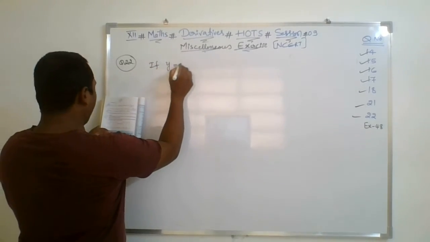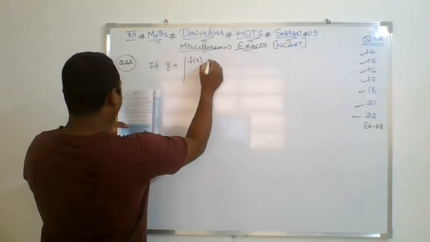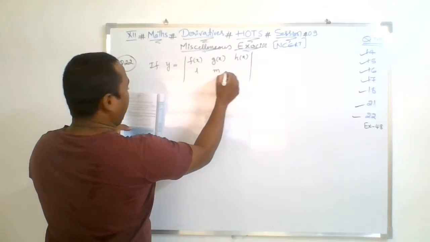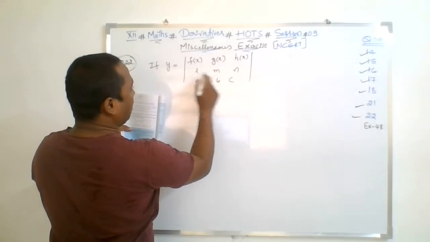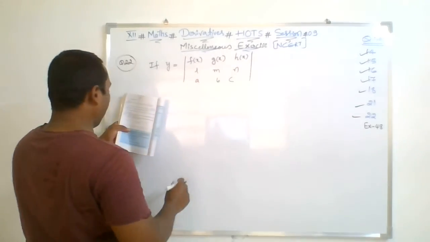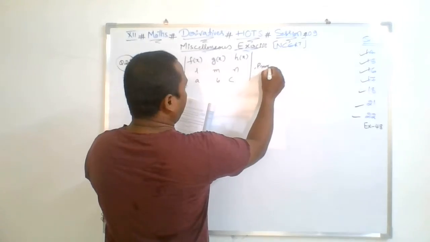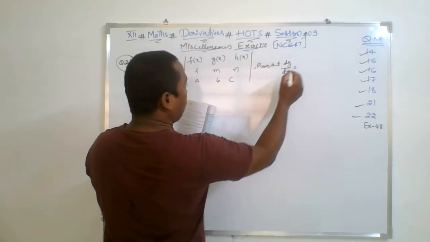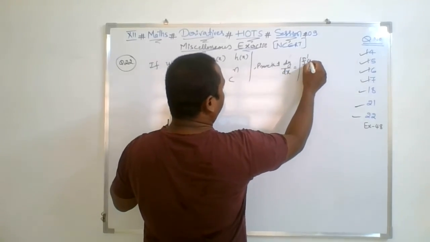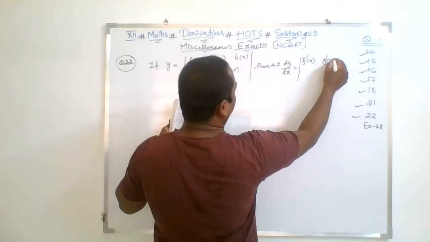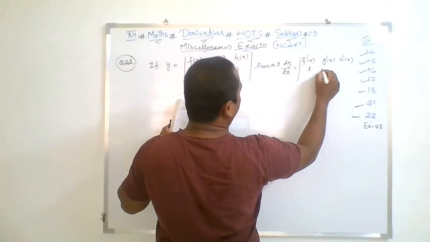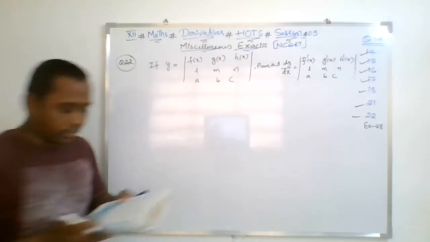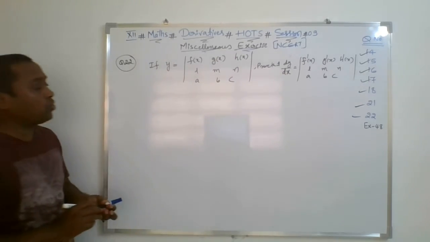If y is equal to the determinant of f(x), g(x) and h(x), and l, m, n, a, b, c are constants, these being functions of x, then prove that dy/dx is equal to the determinant with f'(x), g'(x), h'(x), and these remain the same elements a, b and c. That's it. So I think it's so simple.